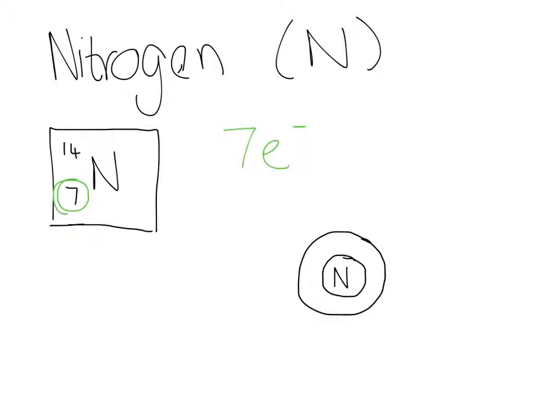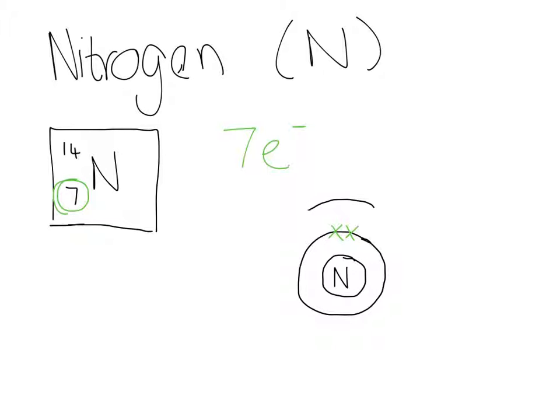Our second rule then said that the first shell can hold a maximum of 2 electrons. We're going to represent electrons by X's again. And so there are 2 electrons in the first shell, and they sit together in the first shell. Okay, but I need 7 electrons. And so I need to move to my next shell because my first shell has the maximum amount it can fill.